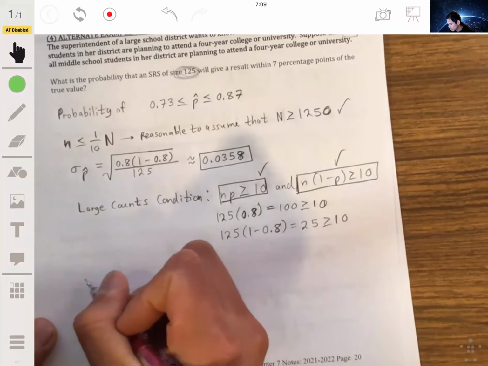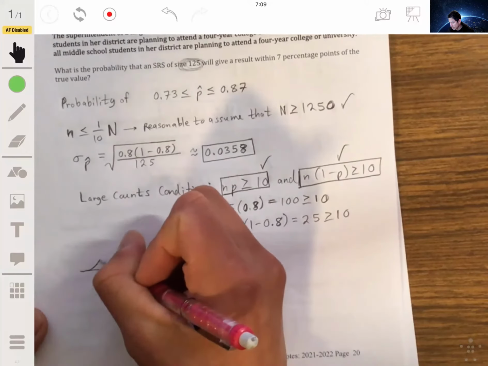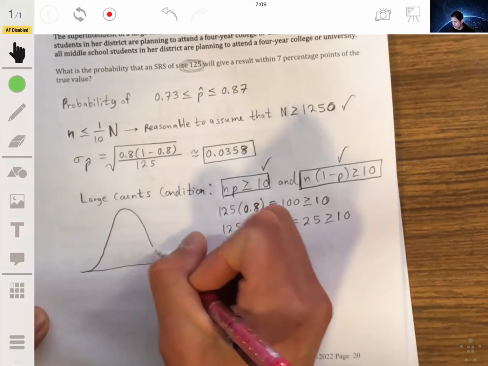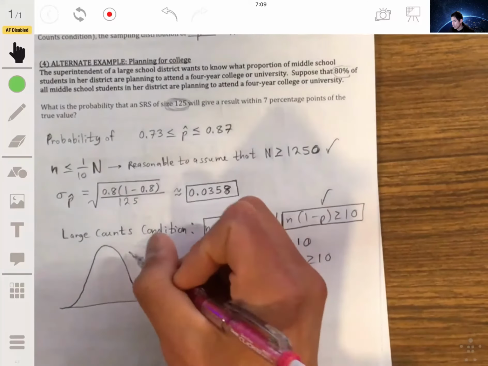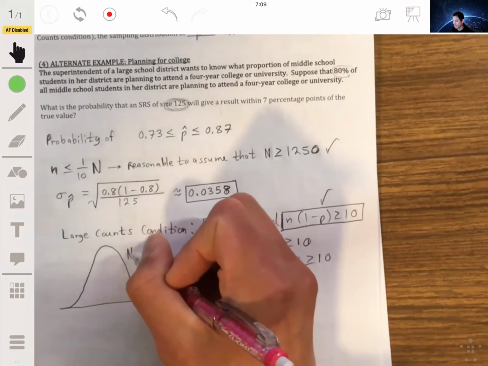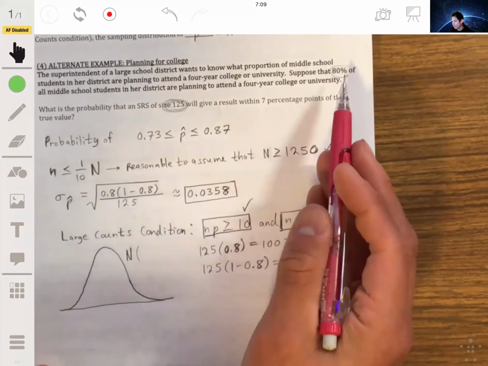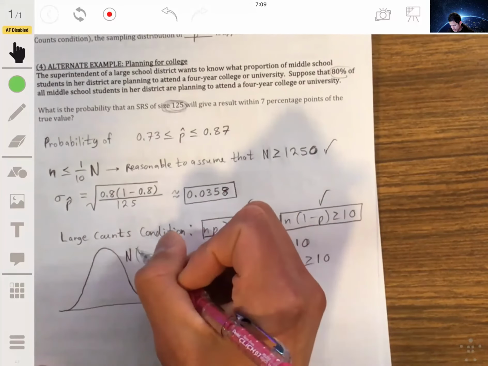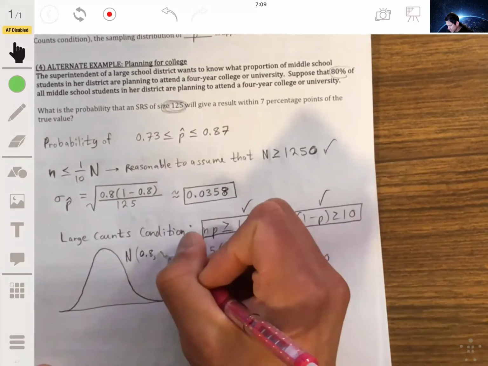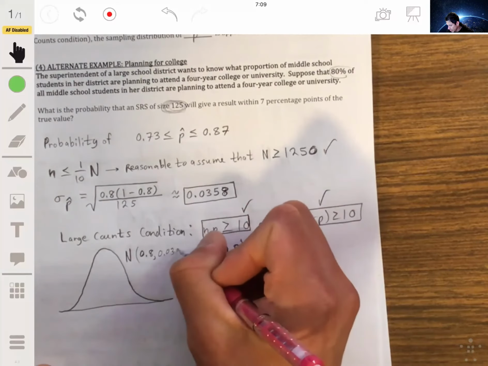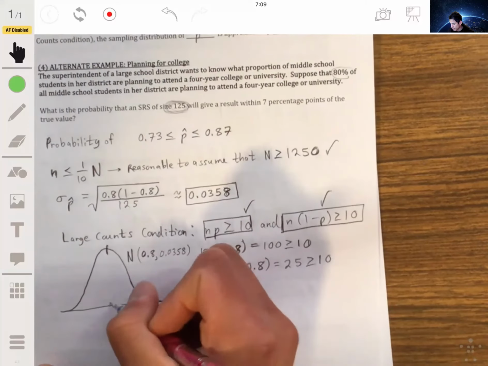So let's draw a little sketch. It's always good to have a visual of what's going on. So going back to what we learned in chapter 2, we have a normal curve, or an approximately normal curve, with a mean of 0.8 and a standard deviation of 0.0358. So the center would be 0.8.